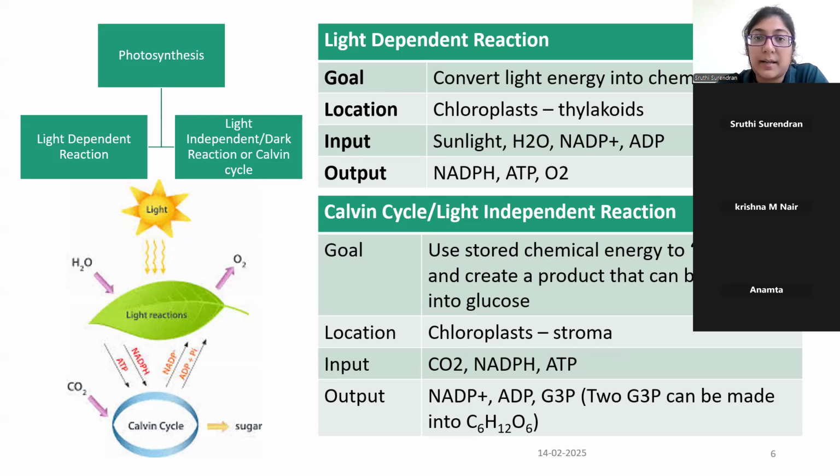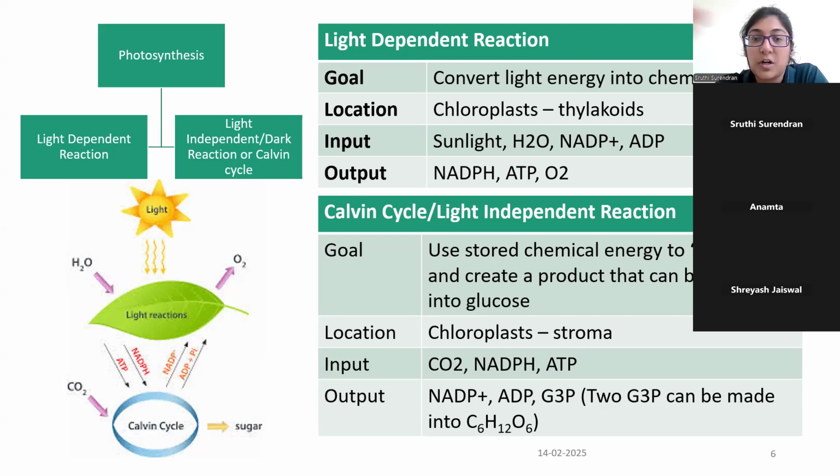In the light dependent reaction, light and water are used to obtain chemical energy, and this happens in the thylakoid membranes of the chloroplast. As output, we get these compounds called NADPH and ATP, along with oxygen.